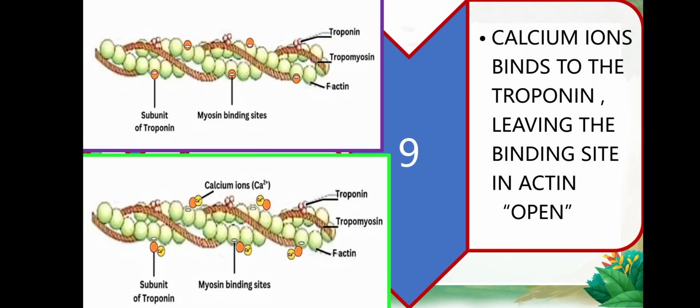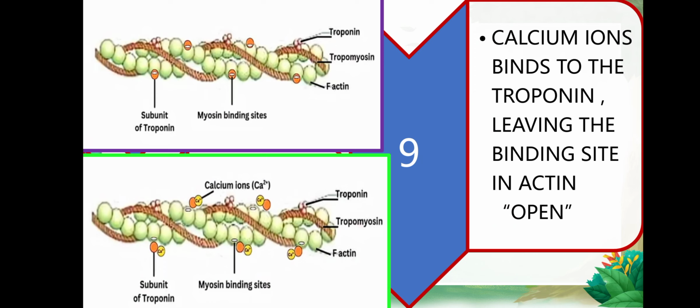When calcium binds to troponin, it opens the myosin binding sites. As you can see in the figure, in the resting stage the troponin occupies the myosin binding sites, and troponin has more affinity for calcium than for the actin molecule, isn't it?